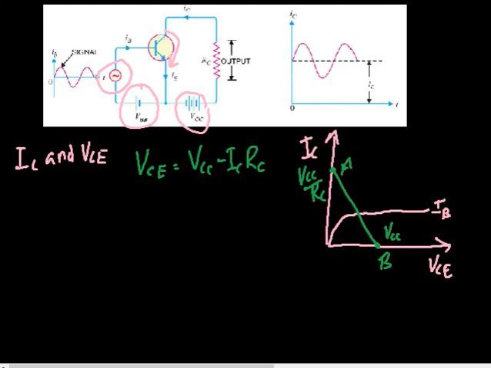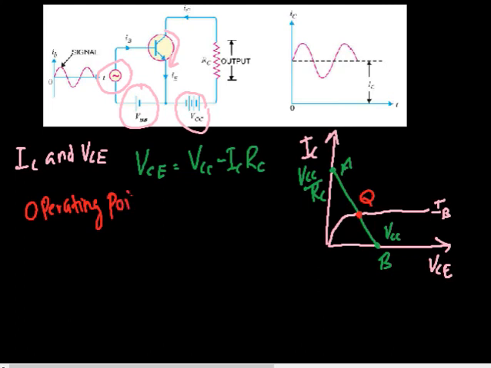Then we have seen that the point which satisfies both the conditions is a single point, which is the meeting point of the DC load line and output characteristics. We represent it by Q, which is called the Q point or quiescent point or silent point, and which is the operating point of a transistor.